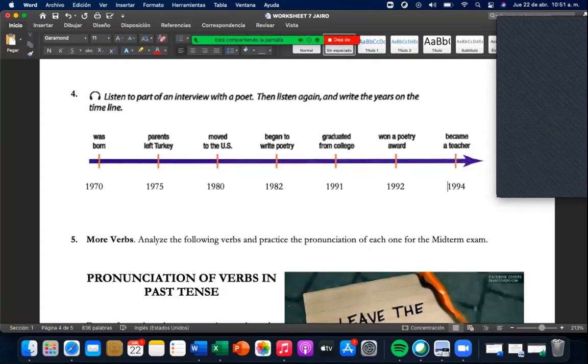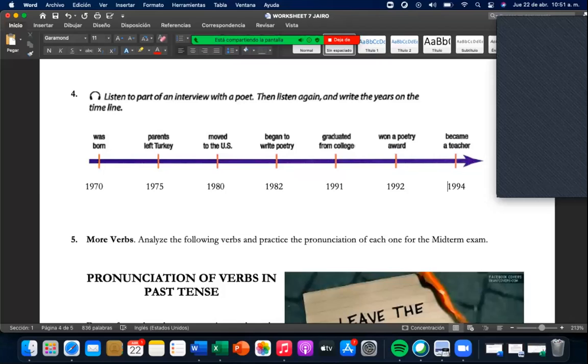Then, once in the United States, he began to write poetry. At the beginning, he wrote stories, right? Stories in Turkish. But then his first poem was in 1982. Then he went to the university to study poetry. Yes, am I right? No, agriculture, if I'm not wrong. Agriculture, very good, right?